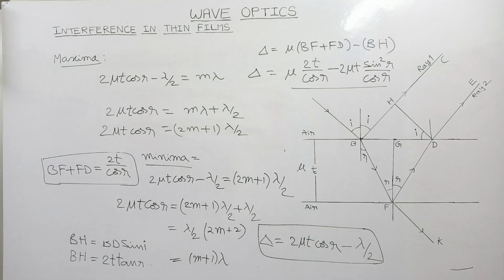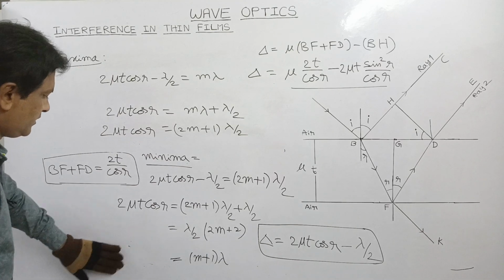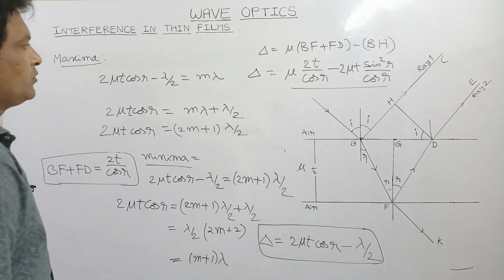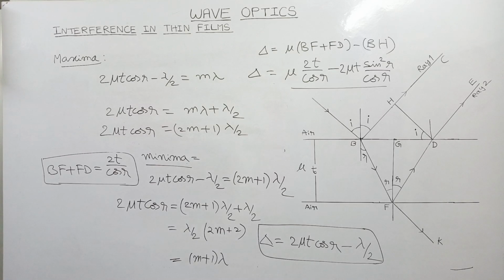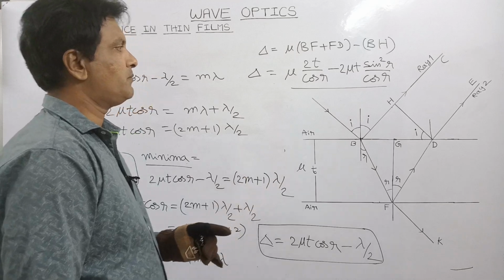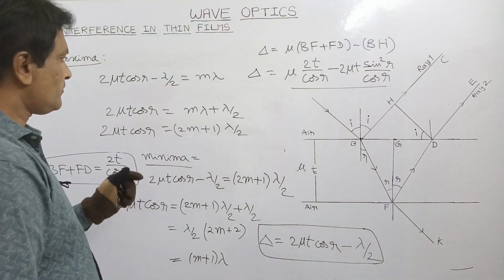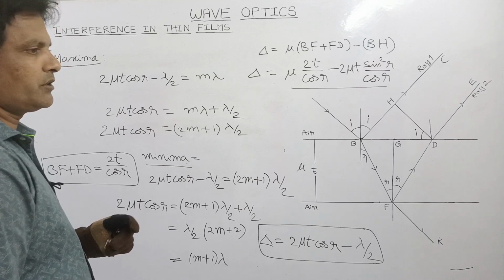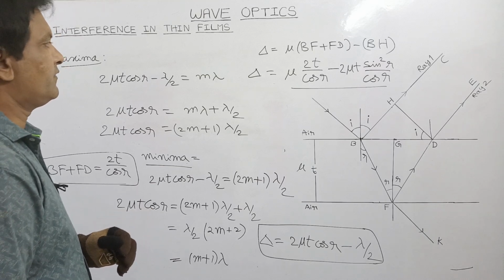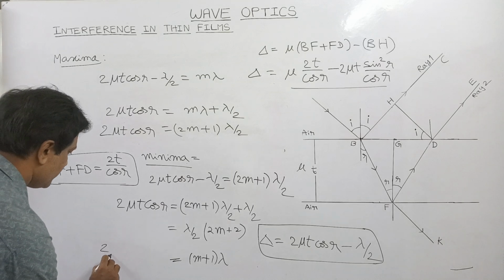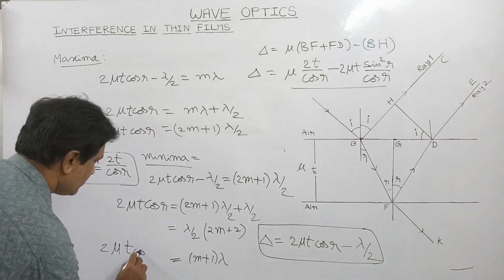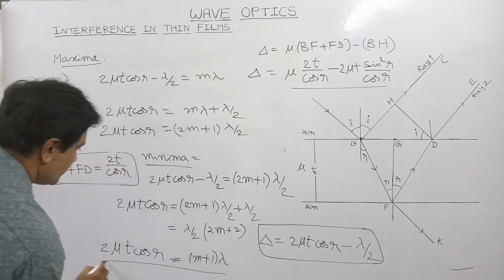The minima condition occurs when the two waves form a destructive interference pattern, that means they have crest to trough correspondence, so the amplitude of the wave becomes 0 because of destructive interference. So 2 mu t cos r equals this.